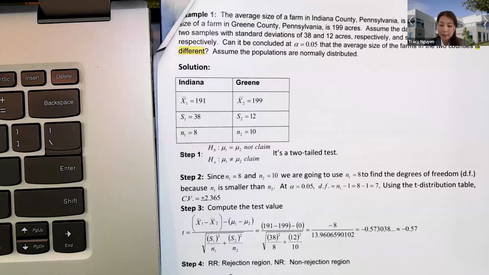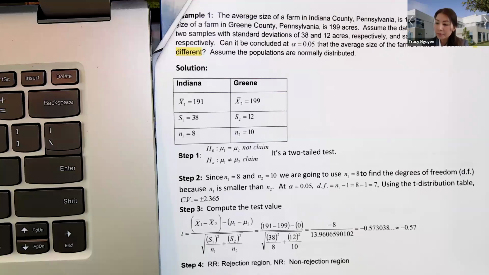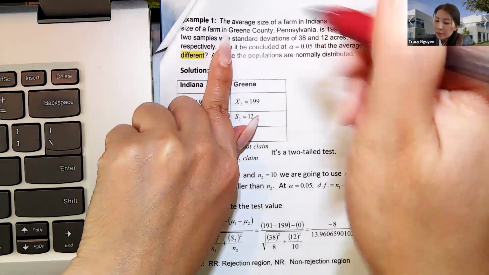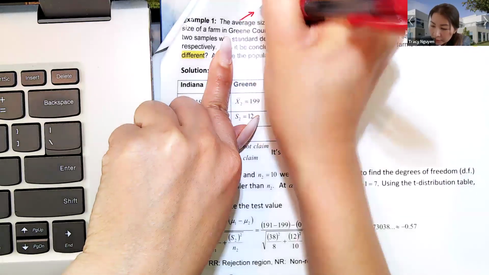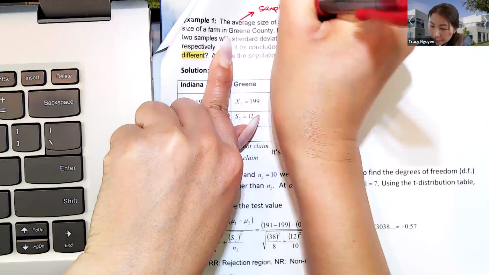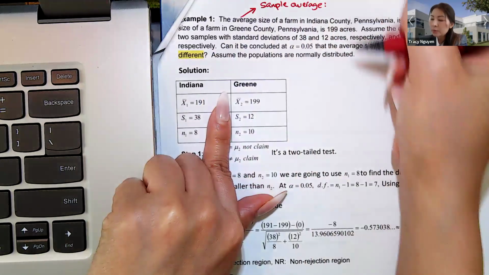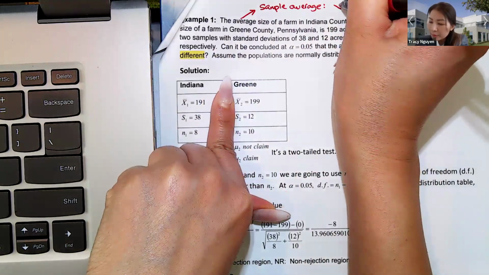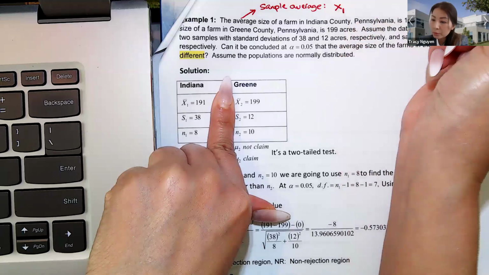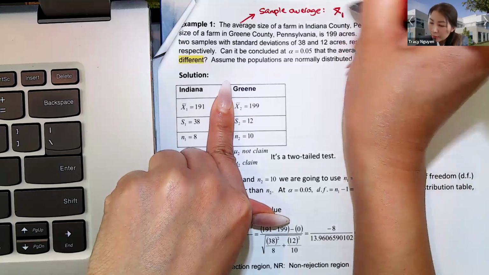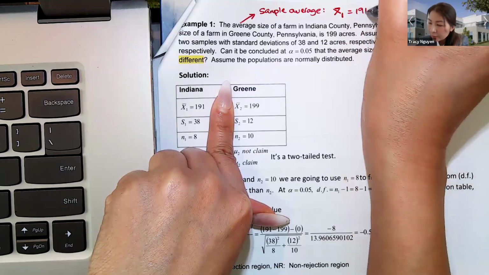Okay, so let's take a look at what we have here in example 1. The average size of a farm in Indiana County, Pennsylvania is 191 acres. So this word average tells us we have the sample average. And we know that we're working on 2 samples. So this is the first set of data given, so I'm going to give it a subscript of 1. So x1 bar equals 191.